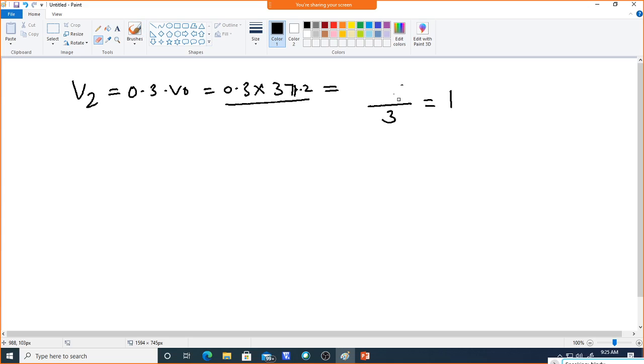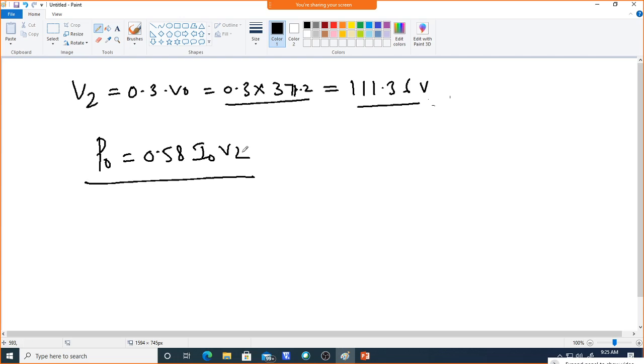Okay, so the value is 111.36 volts. This is V2. Now we need to calculate the output power, which is P0, given by 0.582 into I0 into V2. So this is the maximum output power expression.